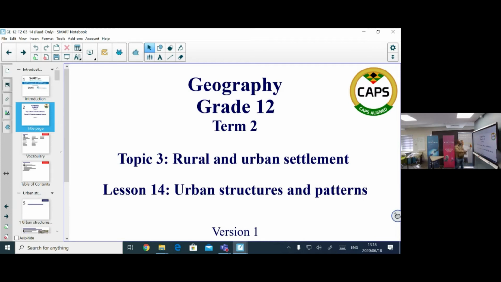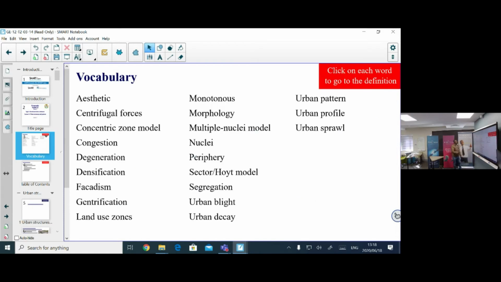We're looking at urban structures and patterns. So let's look at the vocabulary that we have to look at today. We have got words that are here, and when you click on the word, you get the definition. We've got aesthetic, centrifugal forces, monotonous, morphology, and so forth.